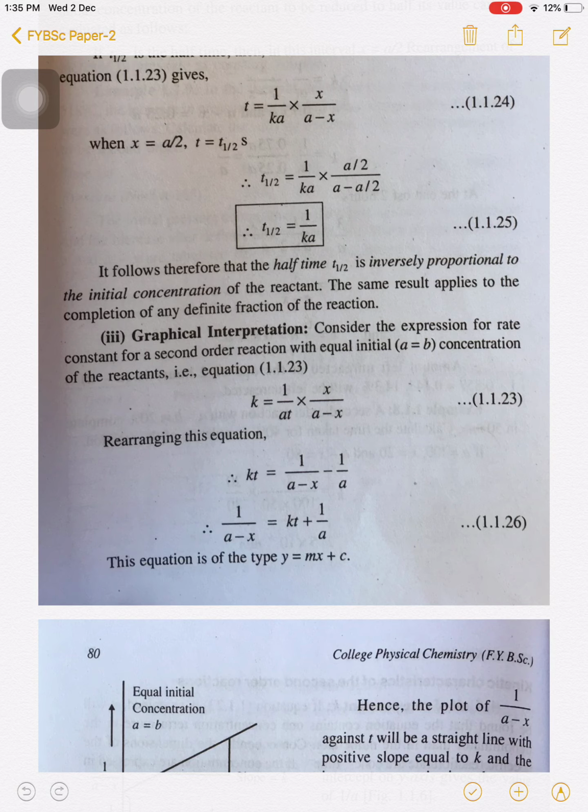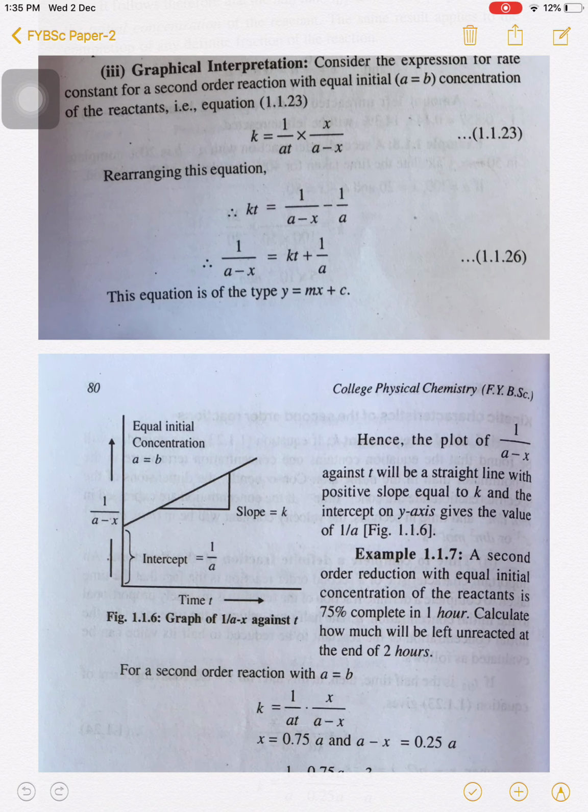So this equation is in terms of y is equal to mx plus c. So y is 1 upon A minus x, taken on the y-axis, and x is the t, taken on the x-axis, and c is the intercept, that is 1 upon A. Now see this graph here.